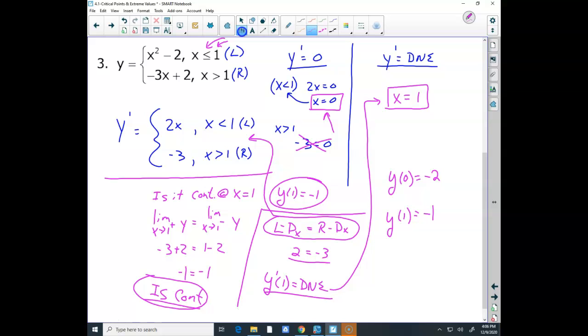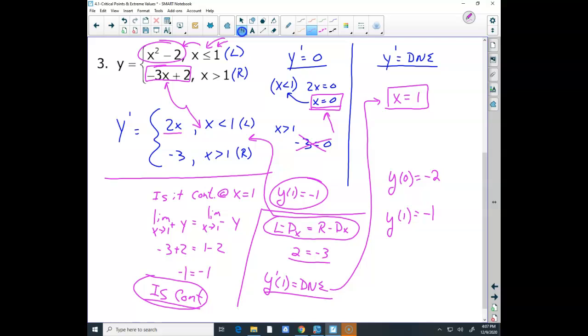Because I can see this is an upward opening parabola, and I can see the vertex is at 0 off of my derivative, I know it's going to look like this. And this is a line with a negative slope, so that's coming down. Hopefully that picture makes sense, because right here is going to be the vertex of that parabola.